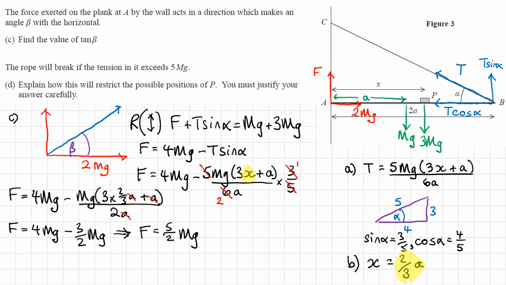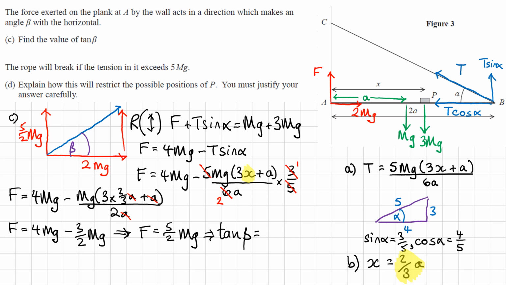So let's take that F out and put 5 over 2 mg. That is going to be the same as this length here over the other side. So the tan of that angle beta is going to be the opposite over the adjacent.